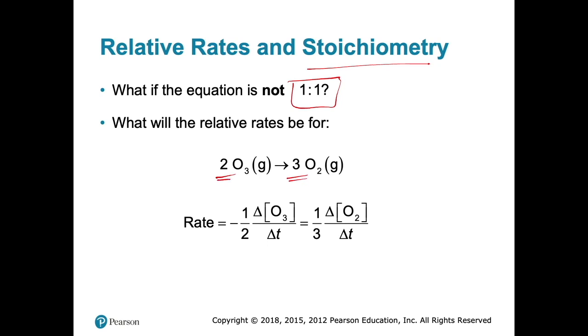Well, there is a general rate equation, and it's based on the general equation of a chemical reaction, where little a is the coefficient of big A, a reactant, plus little b is the coefficient of big B, the reactant, that turns into little c, big C product, plus little d, big D product.